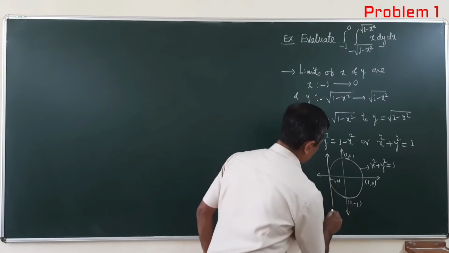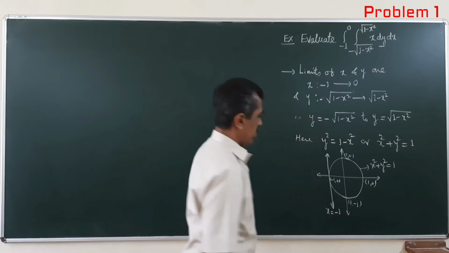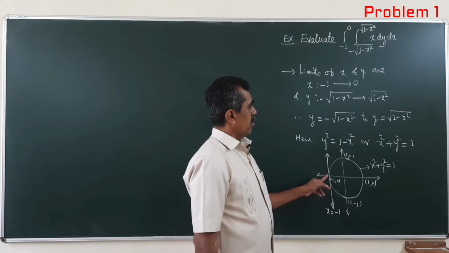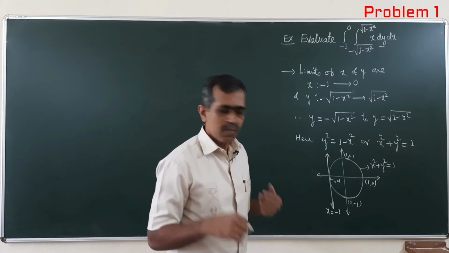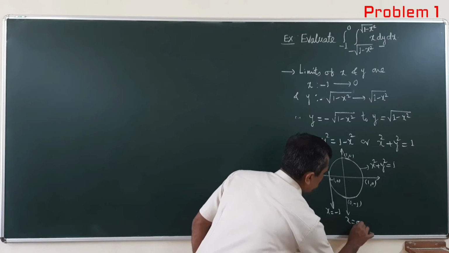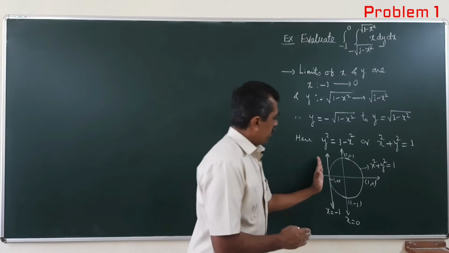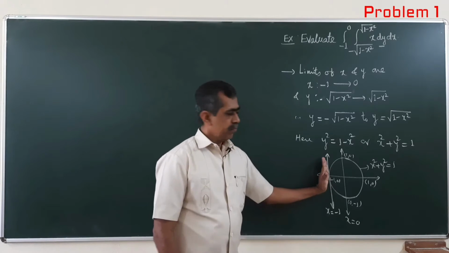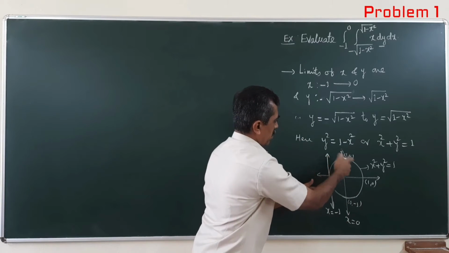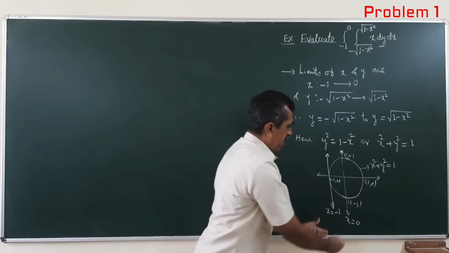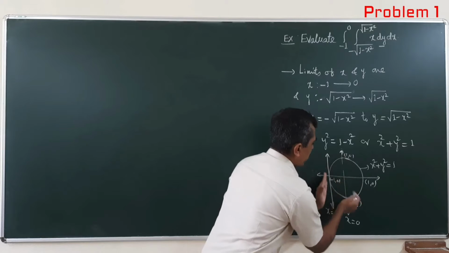It is the line parallel to the y-axis. And x = 0 is the y-axis. So your domain of integration is between x = -1 and x = 0, between these two lines, and it is the part of the circle.